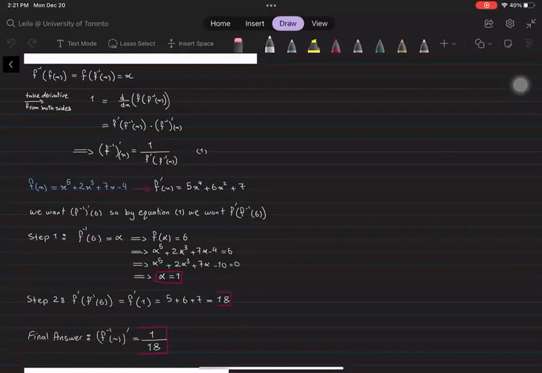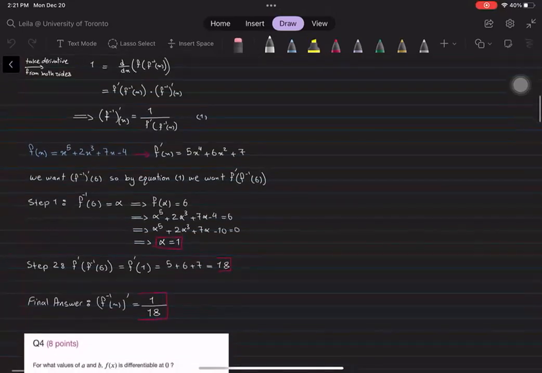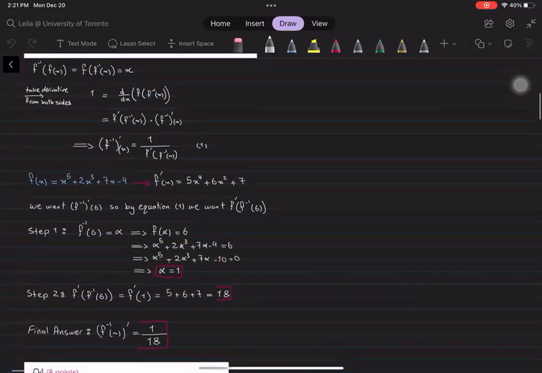Which part do you want me to go over? Okay, let me explain question 3 because someone else asked for it, and then I'll show you question 15.